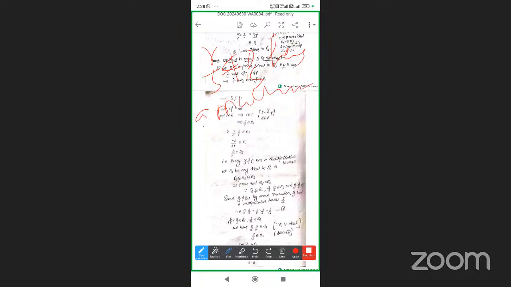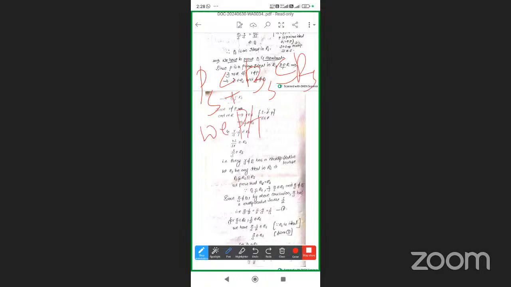Suppose BS is any ideal in RS, so PS is a proper subset of BS, which is a subset of or equal to RS. We prove that BS is equal to RS.